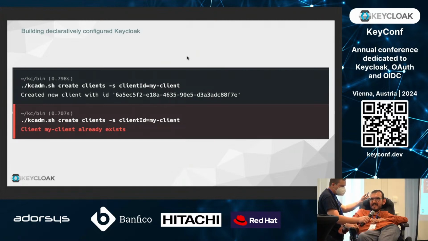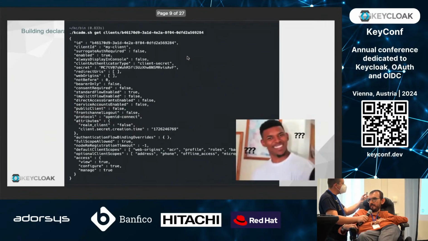And I'm not even talking about when I want to create a client again. I have to know whether the client exists or not beforehand. I have to know the state in which Keycloak is, because otherwise I have a conflict. And I cannot use other update methods because it would complain that the client does not exist, obviously.